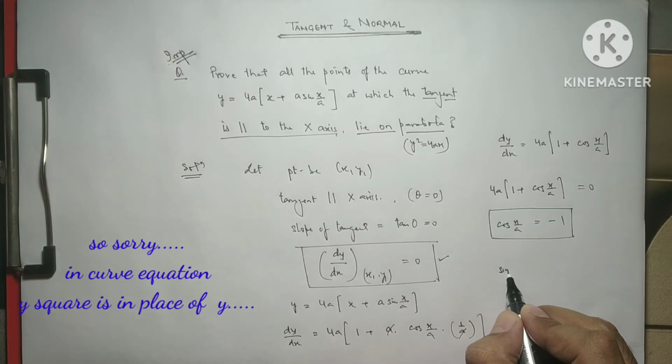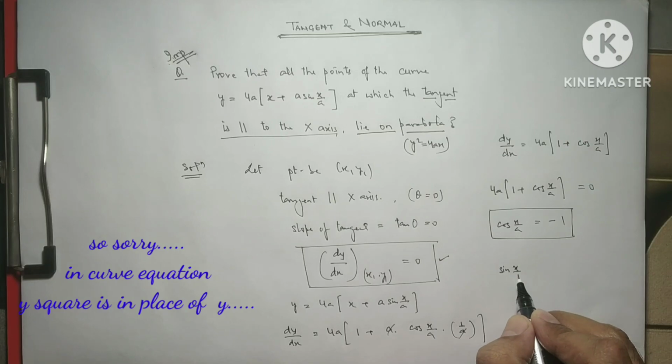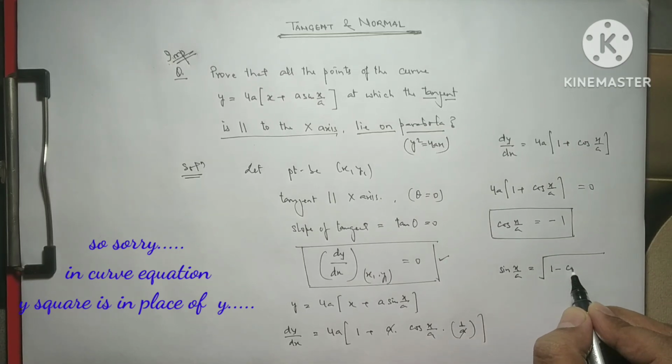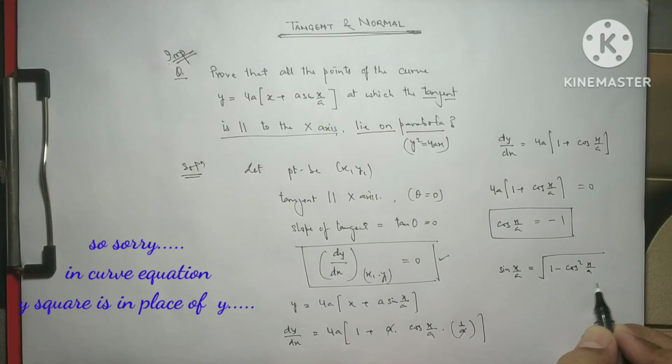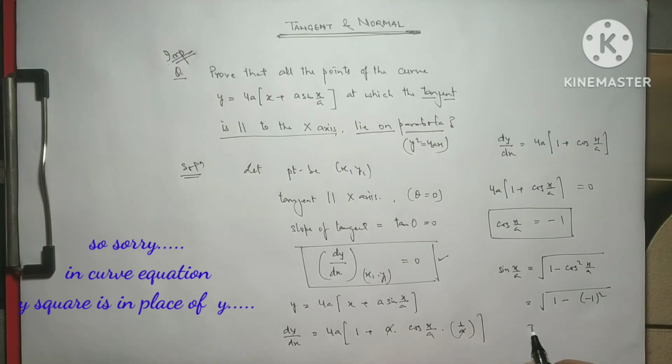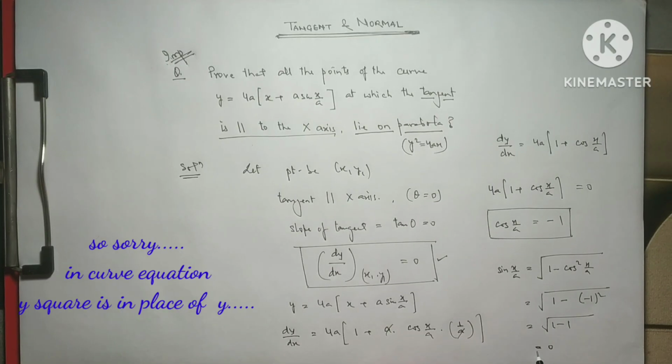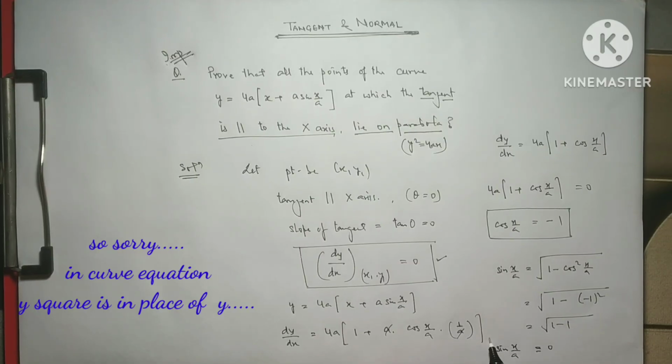We know this formula by trigonometry, sin x over a is under root 1 minus cos square. So we put this value, it is 1 minus (-1) square, so we get 1 minus 1, or you can say 0. So the value of sin x over a is 0.